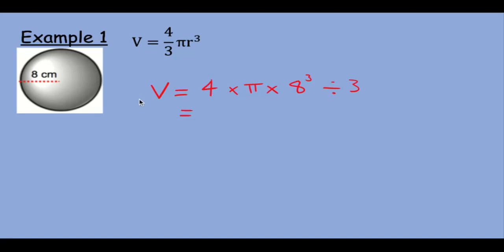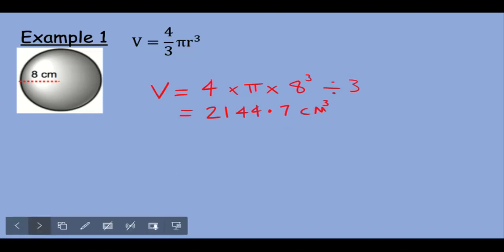Remember, if you have a strange looking answer that's got pi in or fractions in or both, press our SD button and we would end up with an answer of 2144.7 centimeters cubed. We've got lengths in centimeters, so volume in centimeters cubed. So I've just done that one to 1 decimal place.